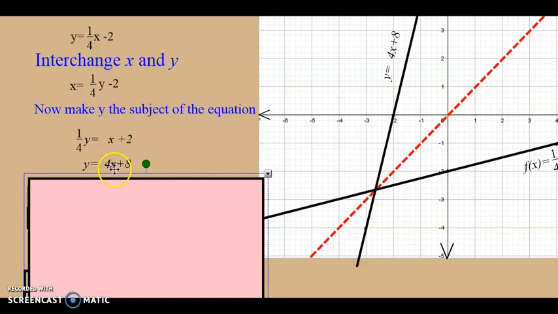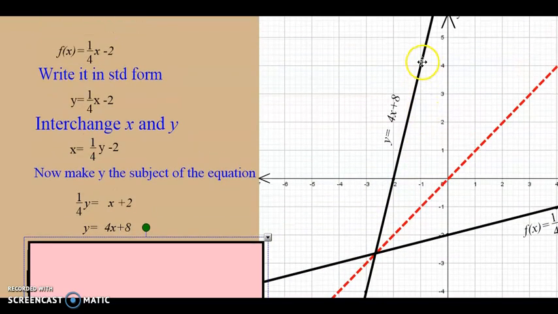So 4 into minus 2 will give me minus 8, plus 8 will give me 0. So at minus 2, I will have 0. Then I will use minus 1. Minus 1 multiplied by 4 is minus 4 plus 8. So that will give me a positive 4 at minus 1. Once those two coordinates are plotted, I may connect my line.